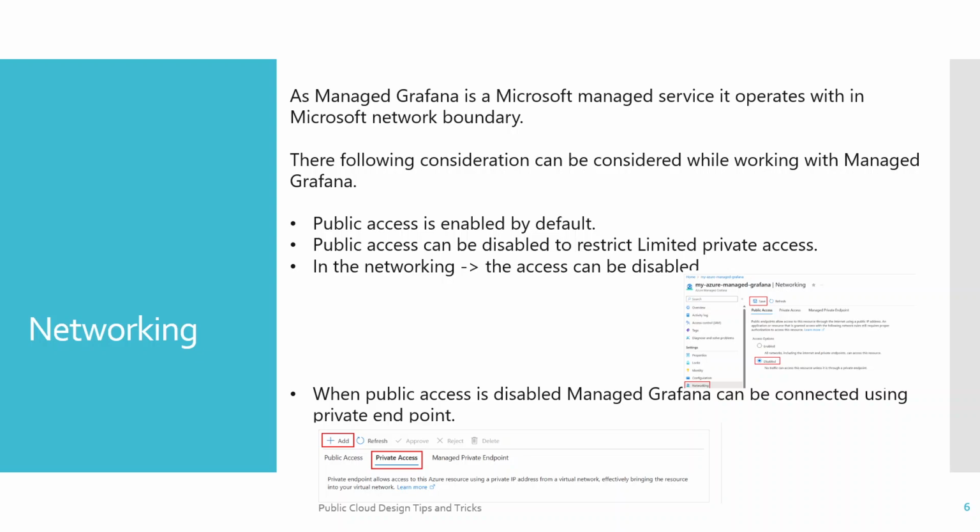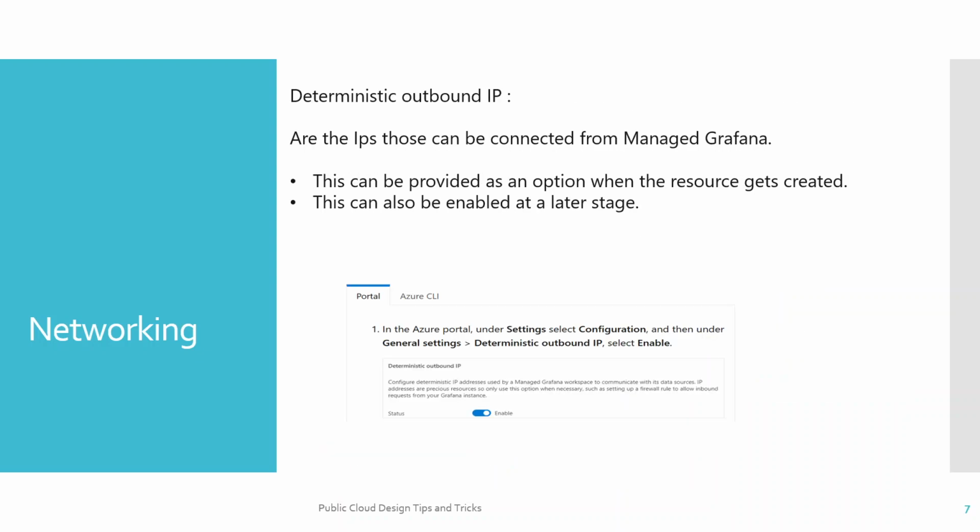When public access is disabled, the other way of connecting to managed Grafana is using a private endpoint. Private endpoint conceptually works in the private boundary of the consumer, and it assigns a private IP for your connectivity. So that is how it works.